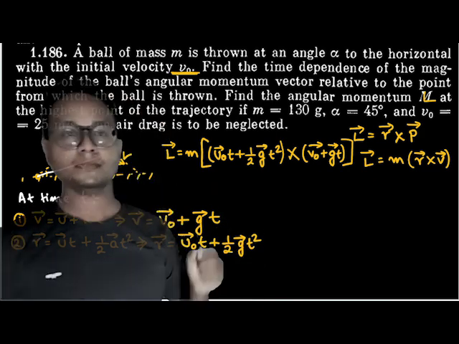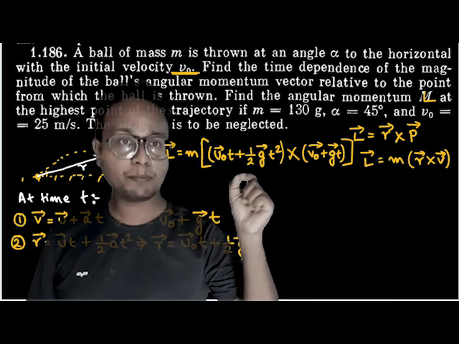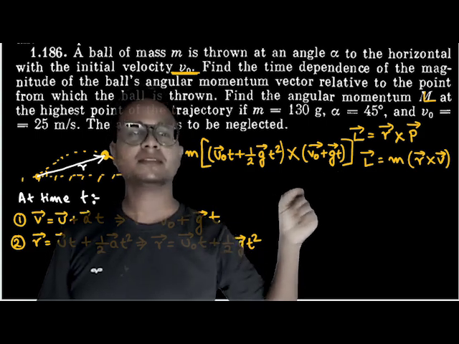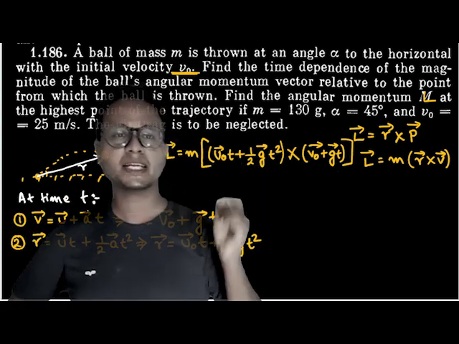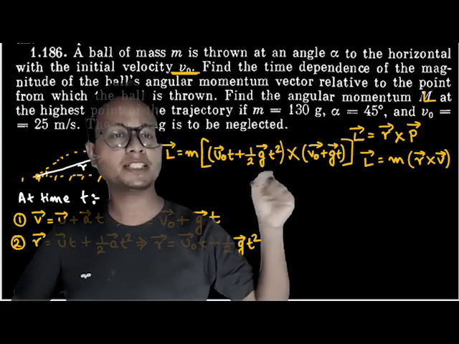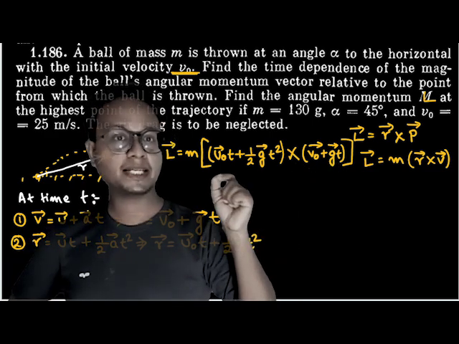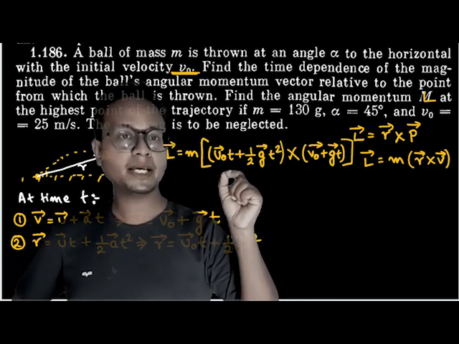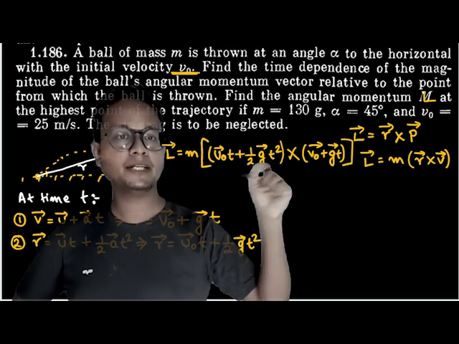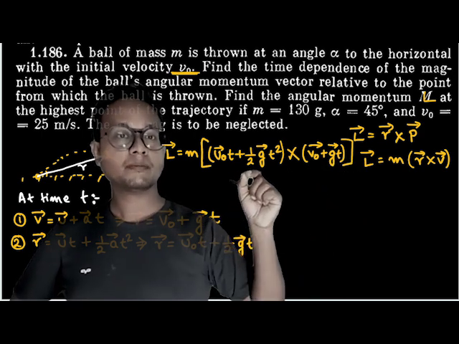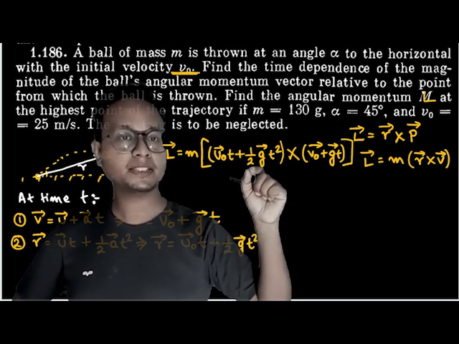Can I simply say this as a plus b into c plus d? Just basic algebraic multiplication. a plus b into c plus d. If I apply basic algebra, the terms would be a into c plus a into d, plus b into c plus b into d.